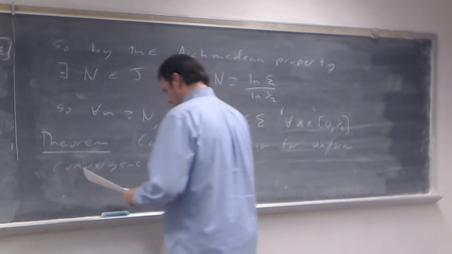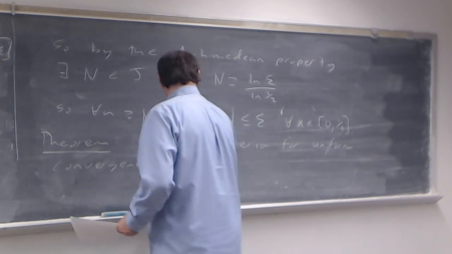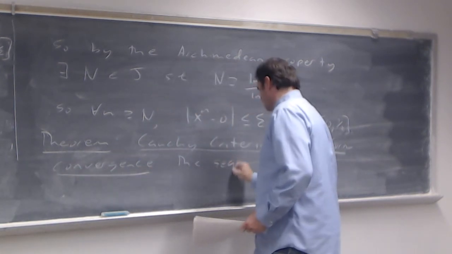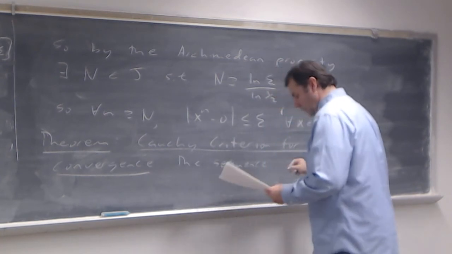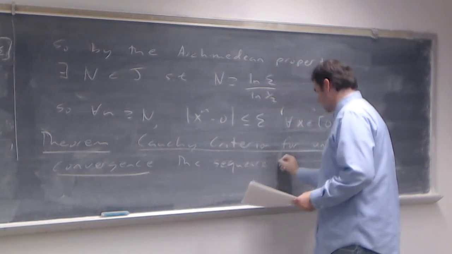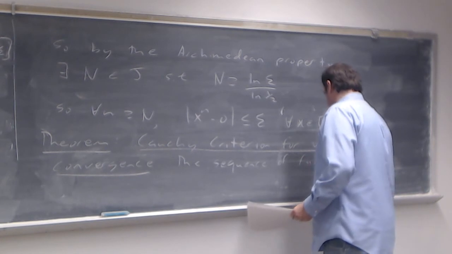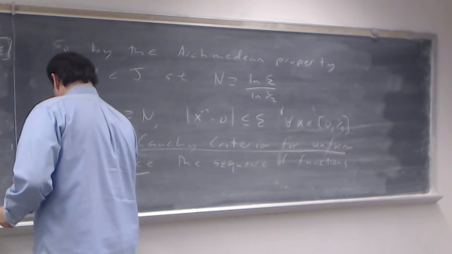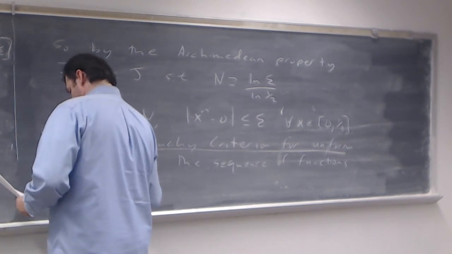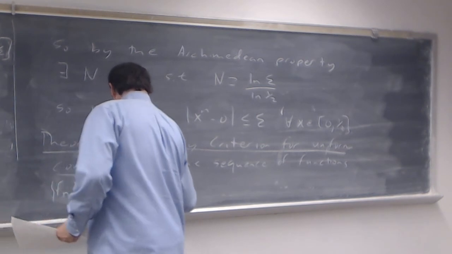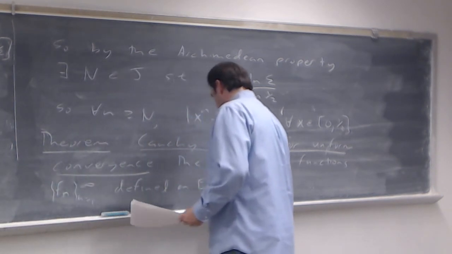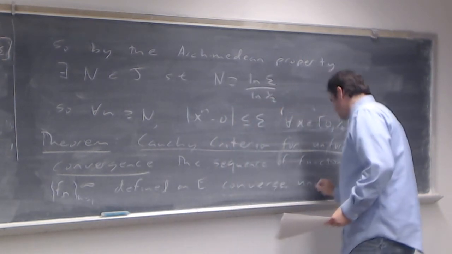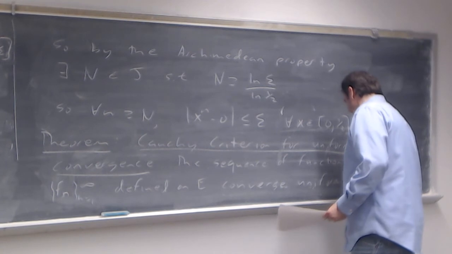Here's what it says. The sequence of functions f sub n defined on E converges uniformly on E. It's an if and only if statement.